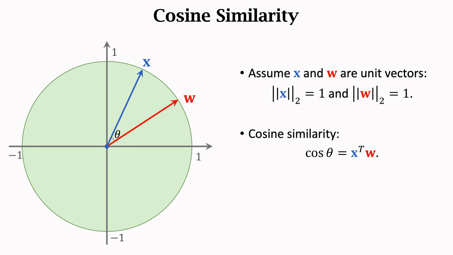Cosine similarity can be understood in this way. Project vector x onto the line spanned by w. The length of the projection is the cosine similarity. The length is between -1 and +1.